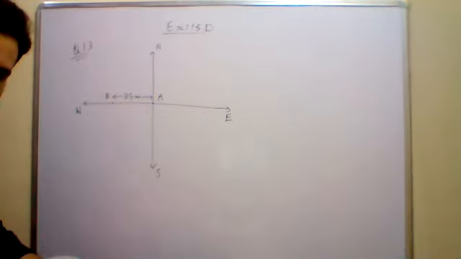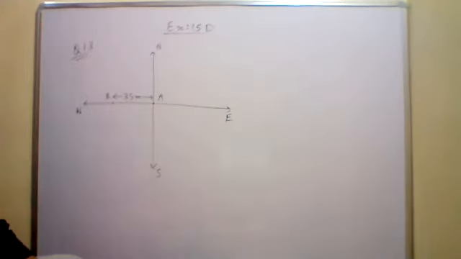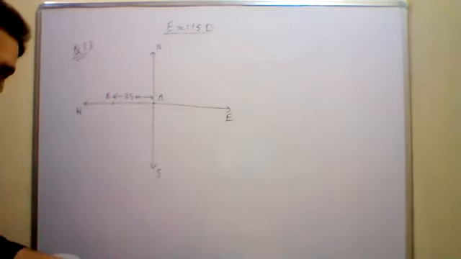Sir, in class 5th B, we have to do exercise 10.3, exercise E, solve the following problems. Sir, we have to do the D part: solve and round off the answer to one decimal place.